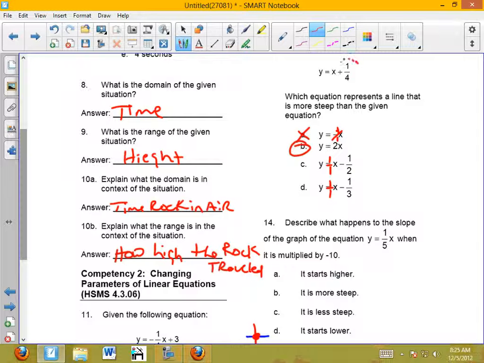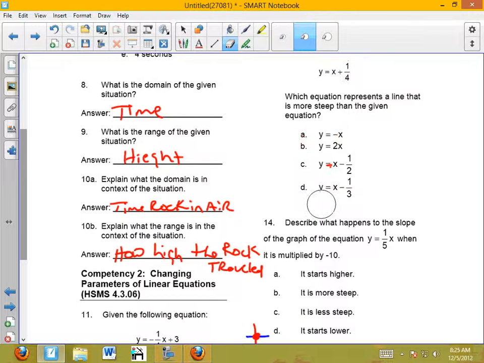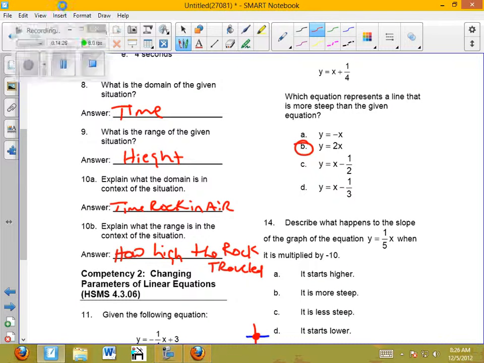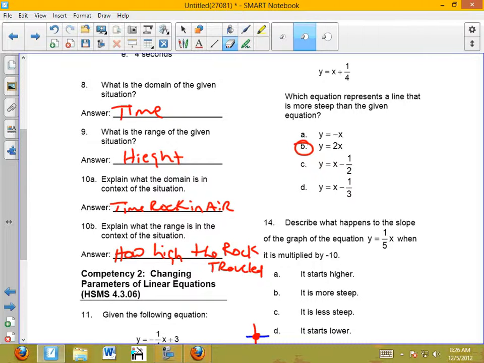Do not get confused by your y-intercept being a fraction. So the correct answer is B, because it's bigger on top. Bigger on top, steeper. Bigger on bottom, flatter. Please remember that.